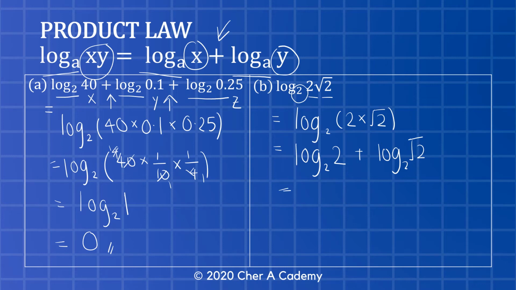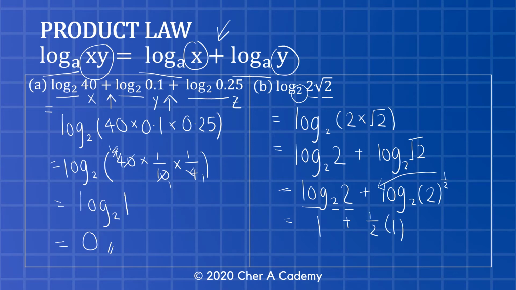So I'm going to tease out the power in my square root 2. Log base 2 2 gives me 1, and using the power rule, I'm going to bring the power to the front. Log base 2 2 gives me 1. So my final answer will be 1 plus half, which will give me the answer 3 over 2.